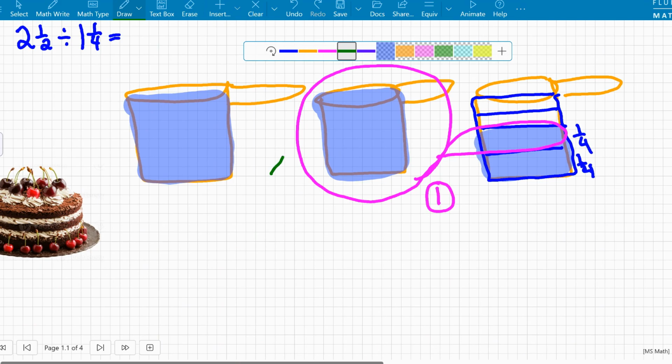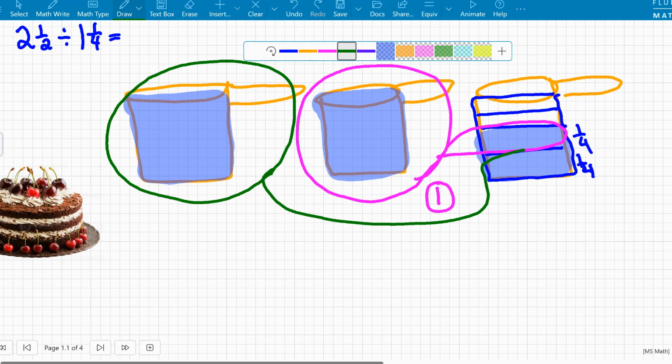And for the second layer of cake, I need this cup of sugar plus this layer of sugar as well. So I can actually make a second layer, but I cannot make a third layer. So that means 2 1/2 divided by 1 1/4 makes 2, or equals 2.